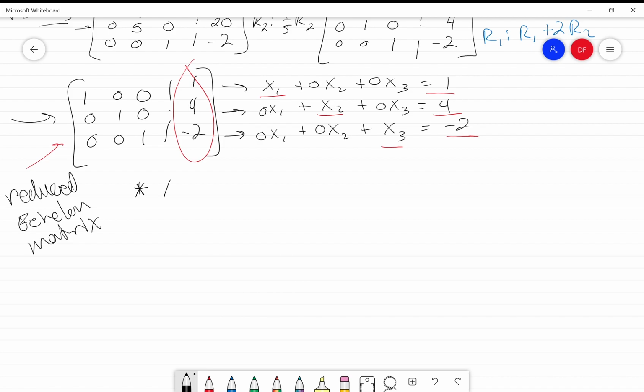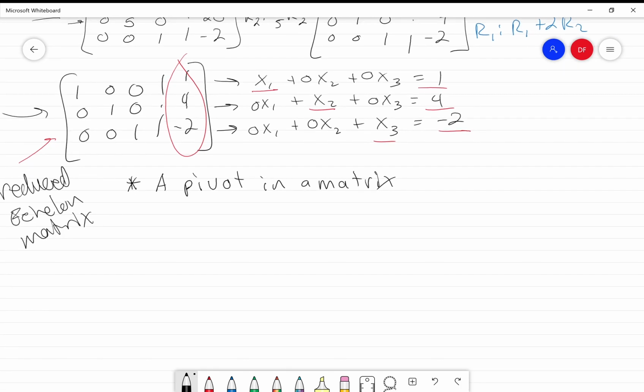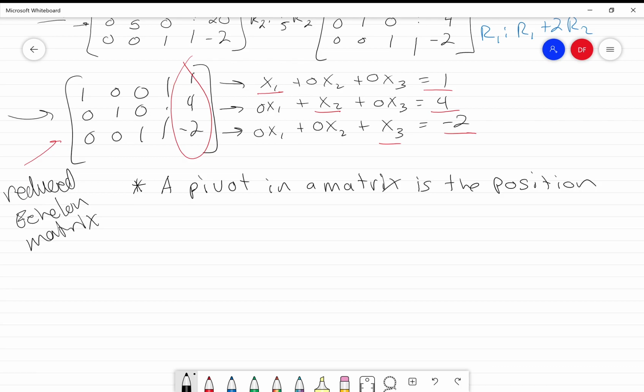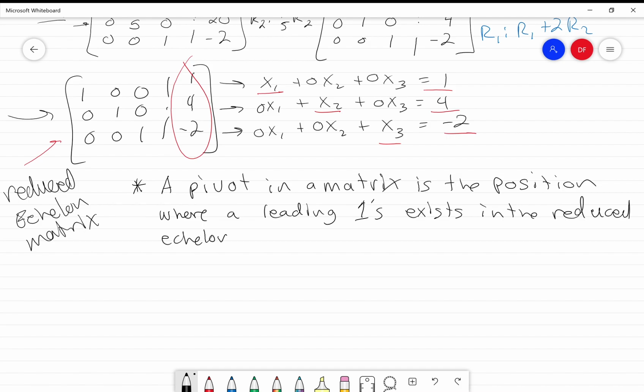A pivot in a matrix is the position where a leading one exists in the reduced echelon form of the matrix.